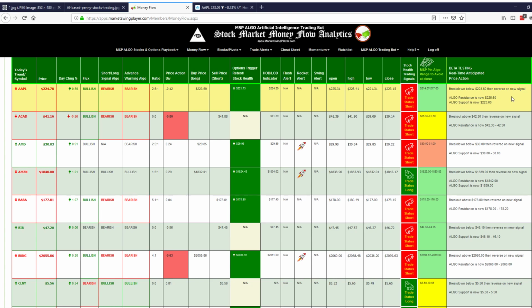It's telling us where the algos are thinking, based on the market, where it thinks resistance and support is located. In this particular scenario, it says algo resistance is 225.6 and algo support is 223.6. We see price is currently at 224.78.